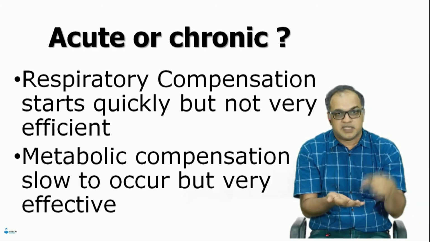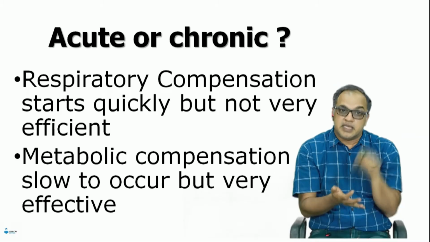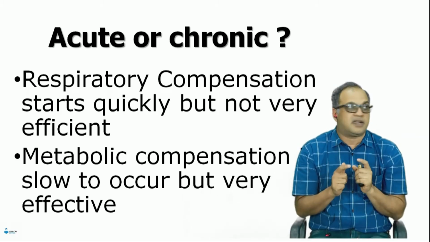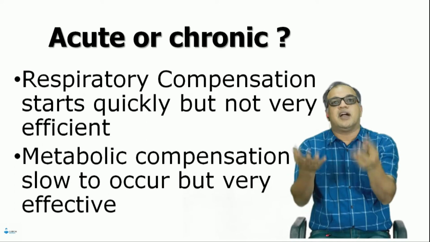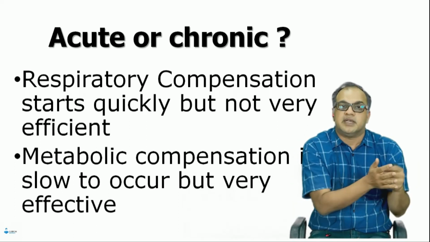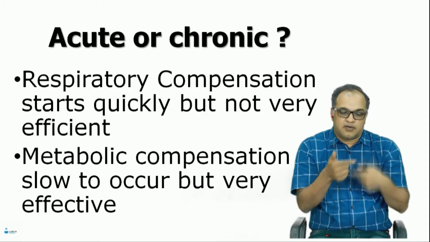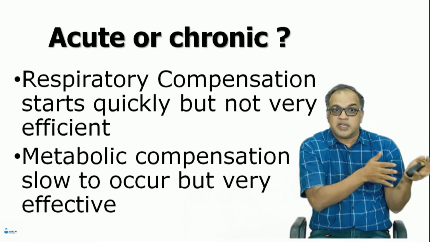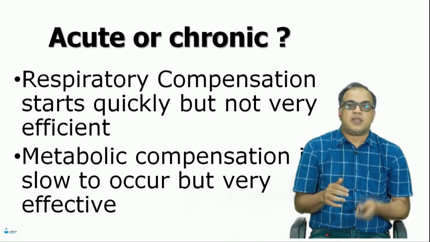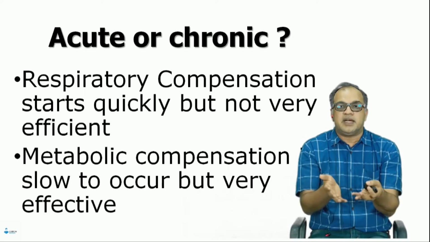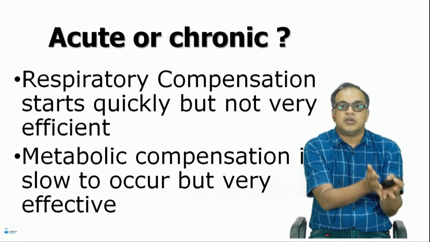So metabolic compensation through the kidneys via bicarbonate is slow to occur, but it is very effective. If you see a metabolic acidosis, the person will be hyperventilating, but will still have a very low pH. But in chronic respiratory acidosis, he will be mostly compensated. So how do we tell if a respiratory acidosis is acute or chronic?